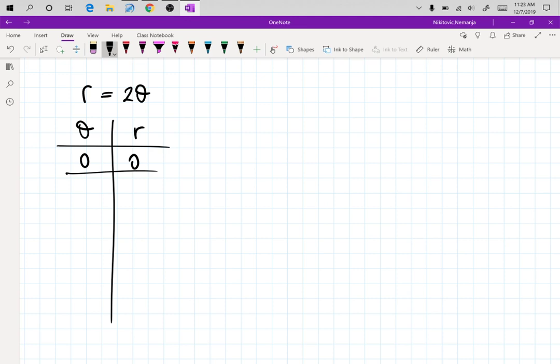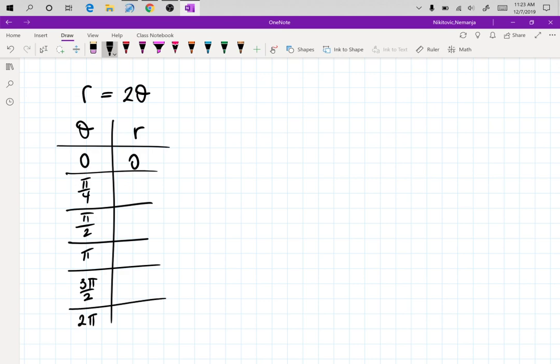So the values we want to pick, let's say pi over 4, pi over 2, pi, 3 pi over 2, 2 pi, stuff like that. So now I want to graph this.